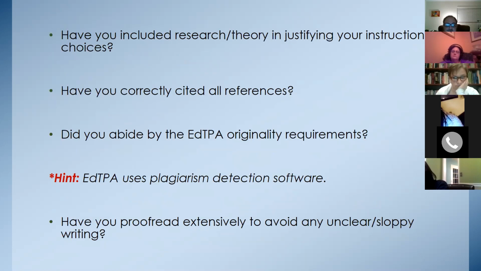Now, EdTPA is not going to score you on your grammar or on your writing ability. Okay, I'll say that again.